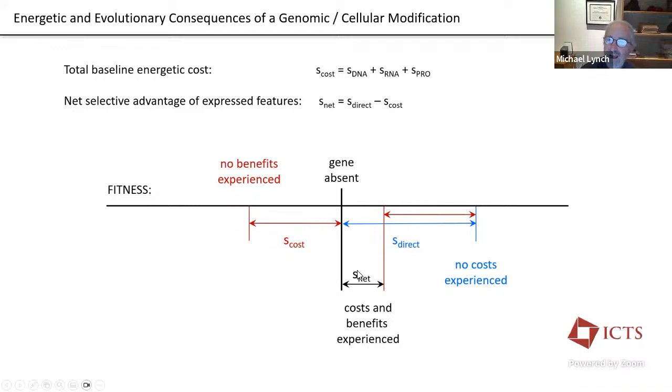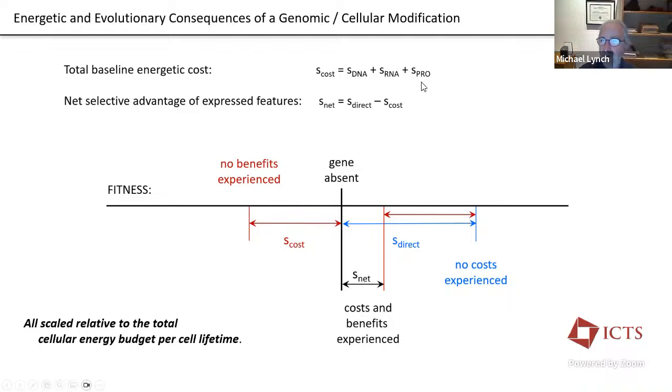Okay, so this would be the net advantage of a trait or a protein or whatever after subtracting out the cost of building and maintaining it. So that's how I think we can start connecting with evolutionary theory. And always we have to scale these costs of any trait, any protein, whatever it is, to the total cell energy budget.